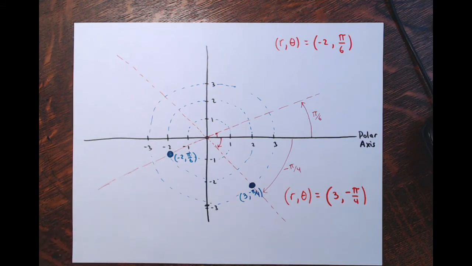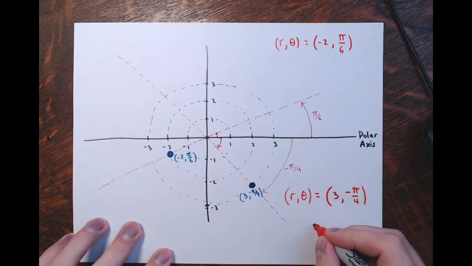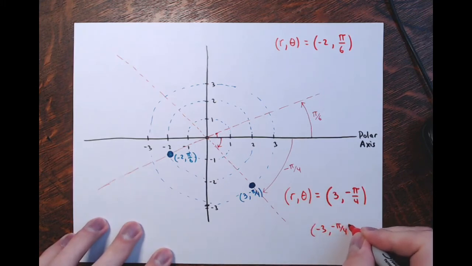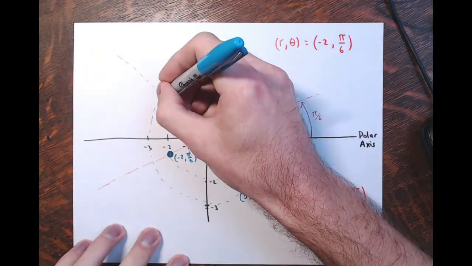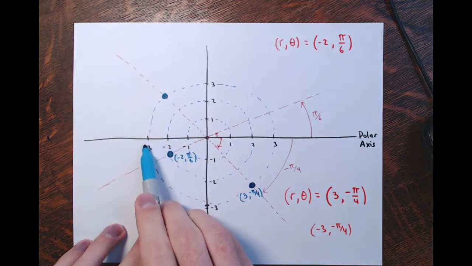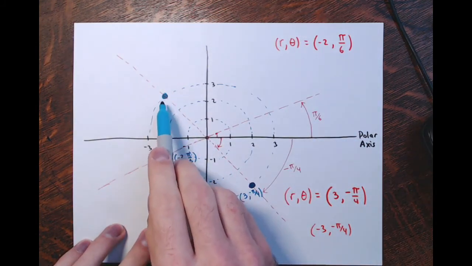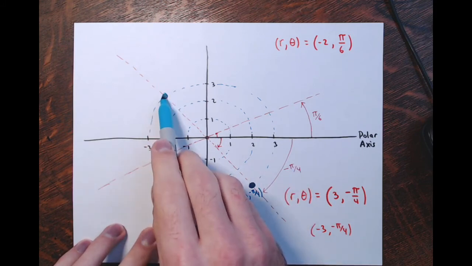But also, on this new polar axis line here, I could have also located negative 3 comma negative pi over 4. That would be this location over here, just on the opposite side of the circle. This is where negative 3 would have gone if I rotate pi over 4 radians clockwise, right? Go negative pi over 4.